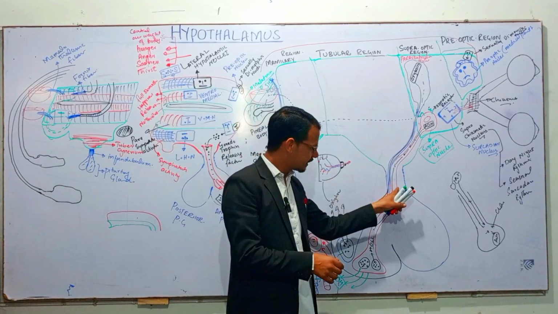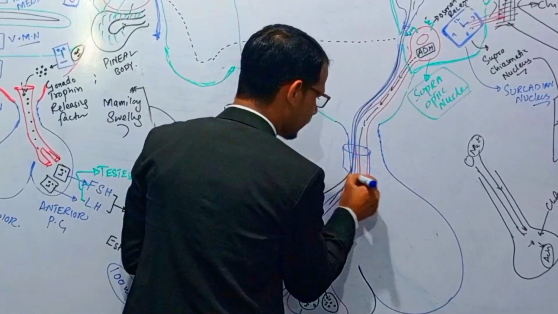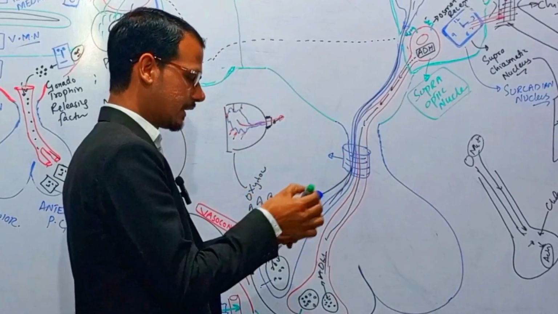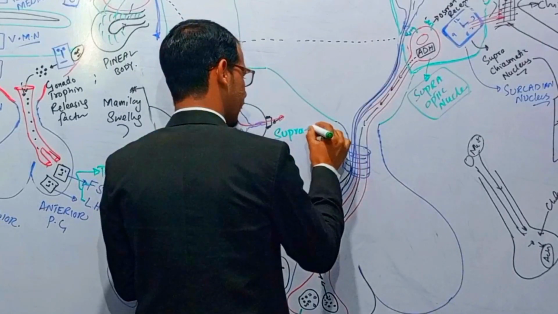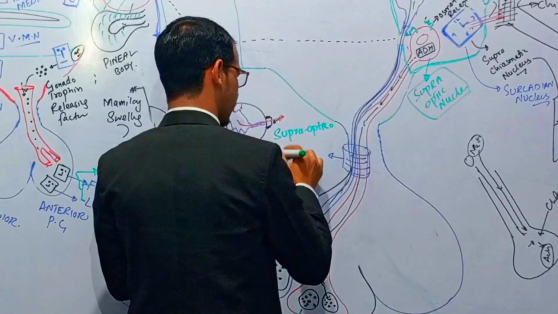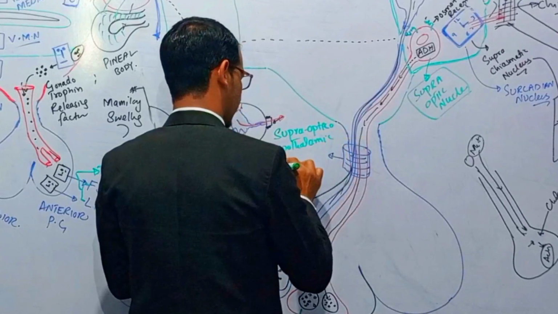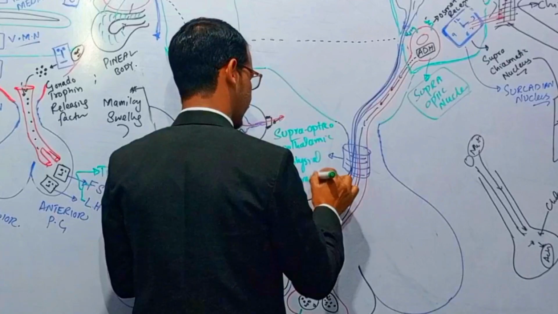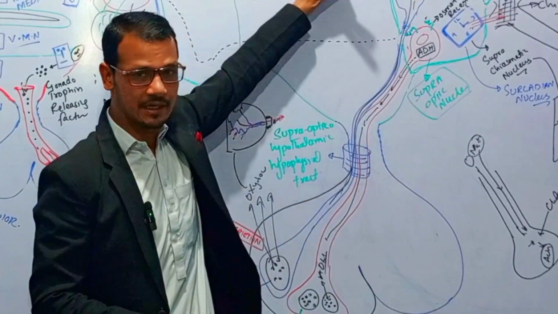These fibers collectively, this tract is called supraoptico-hypothalamic hypophyseal tract, right?